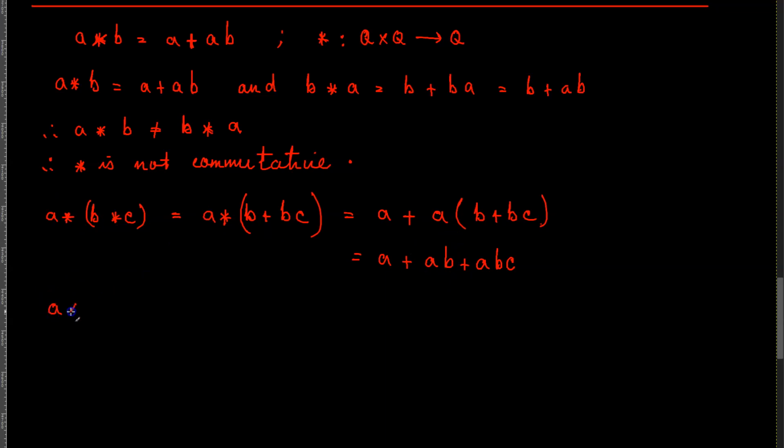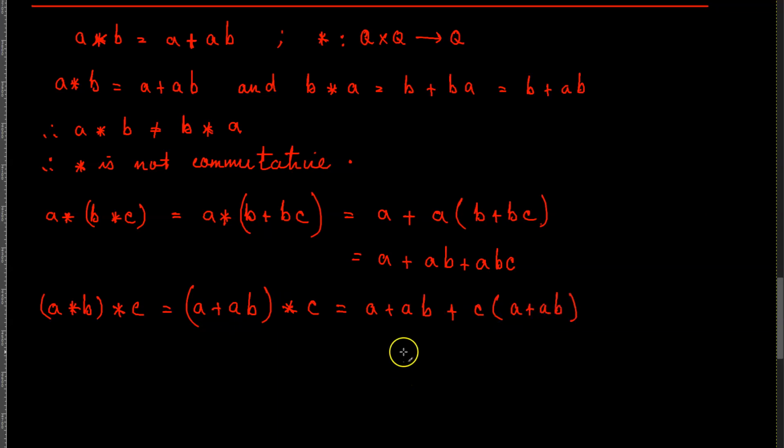Now a star b star c is the same thing as a star b, which we said is equal to a plus ab, and that star c is the first number, a plus ab, added to the product of the first and the second number, so c times a plus ab, which is the same thing as a plus ab plus ac plus abc.